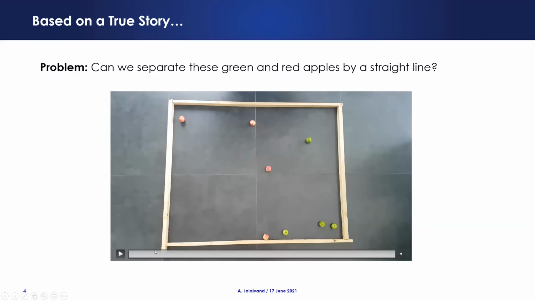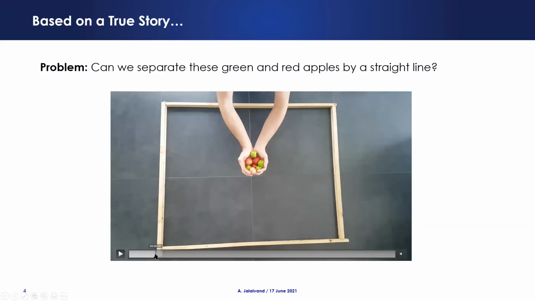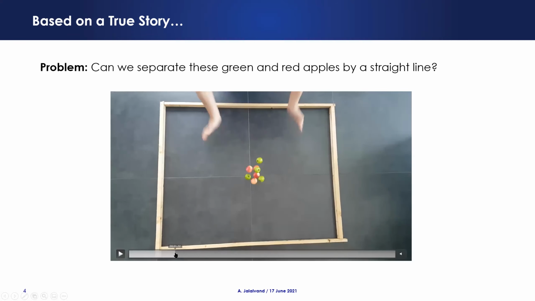So let's look at it again. So far we still cannot put a straight line to separate them perfectly. But now it goes down, so it is still impossible to do that. This is a turning point.